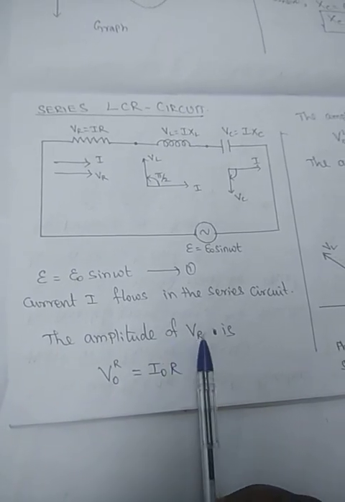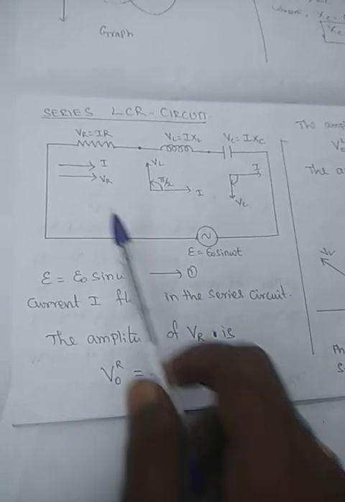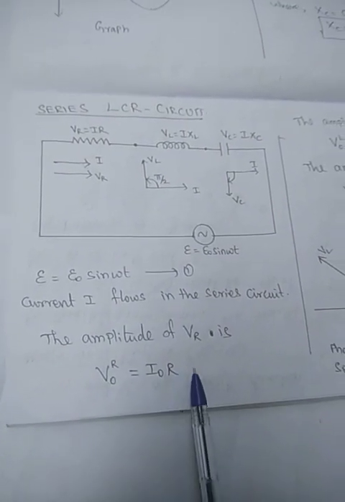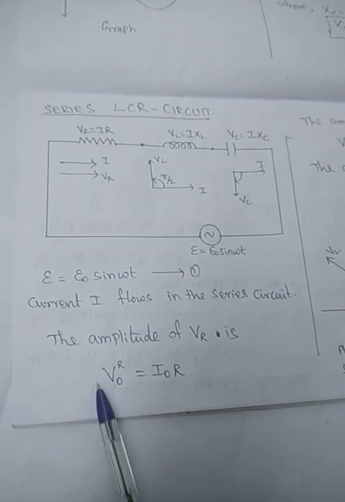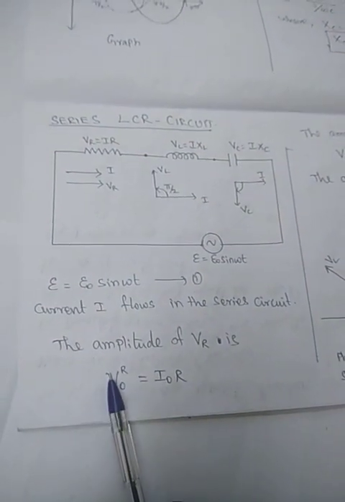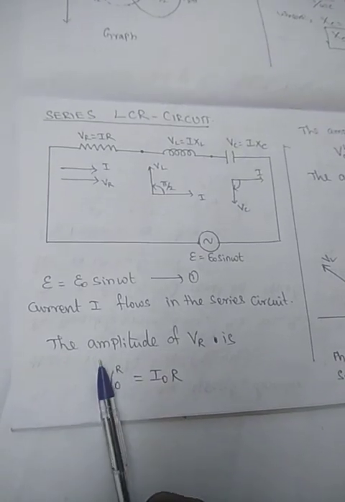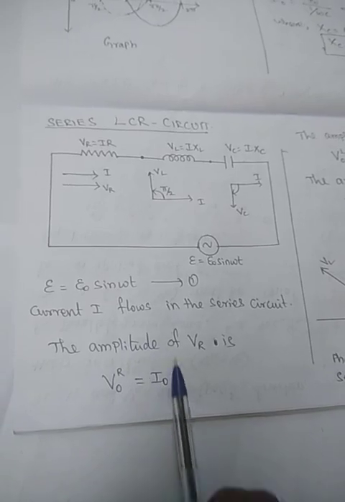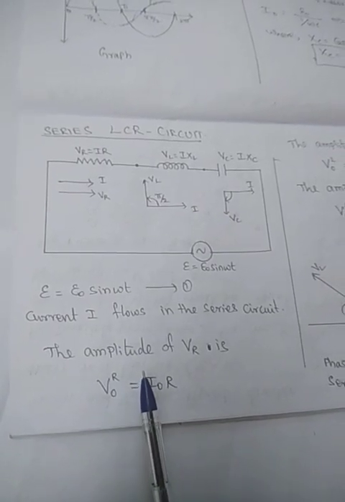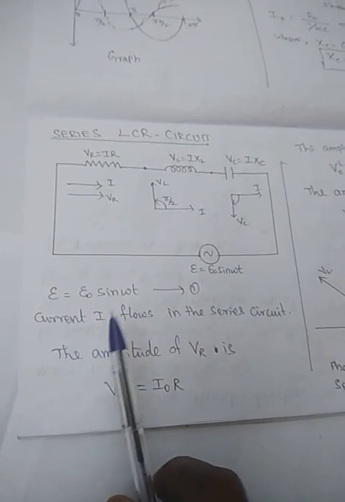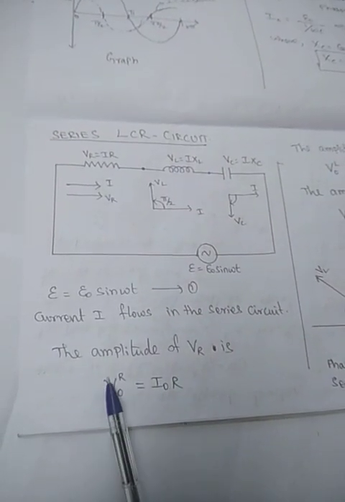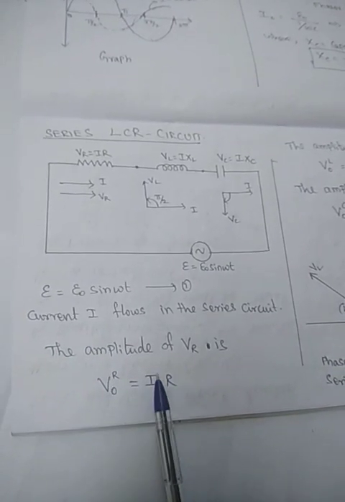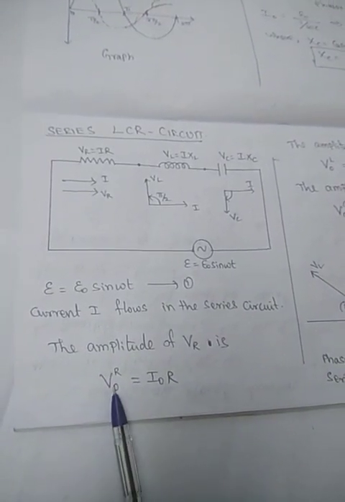For the resistor, there will be a voltage curve, and the amplitude must be V naught equal to I naught R, where I naught is the amplitude of the current and V naught is the amplitude of the voltage when the alternating EMF flows through the resistor.